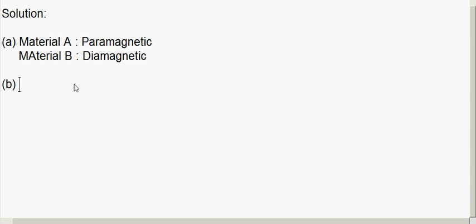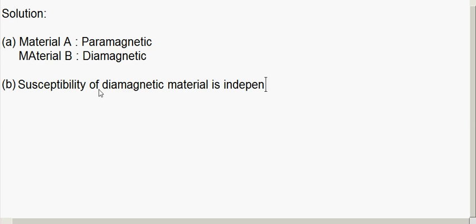You can write that note: the susceptibility of diamagnetic material is independent of variation in temperature.